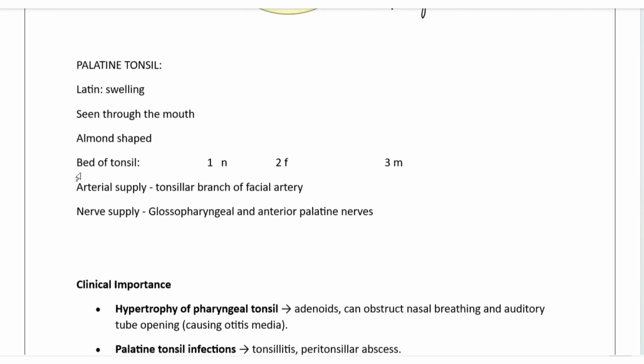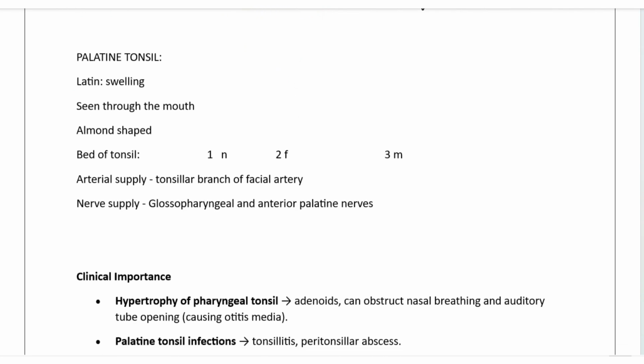So next we'll cover the palatine tonsil. In Latin, it means swelling. This tonsil is seen through the mouth. It's almond shaped. The bed of the tonsil consists of one nerve, two fascia, and three muscles.